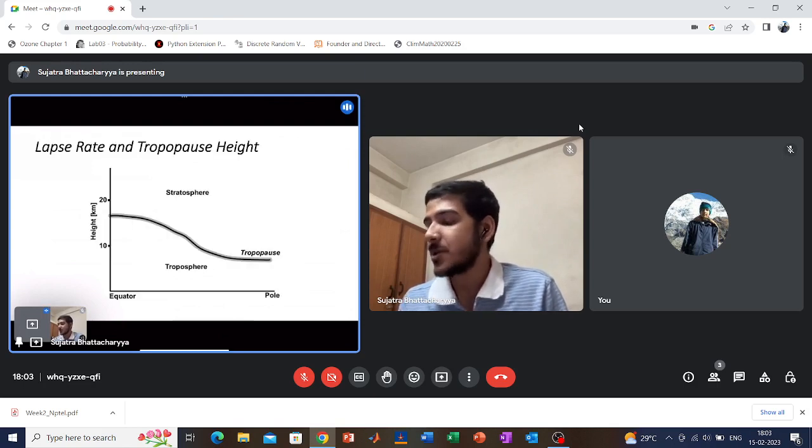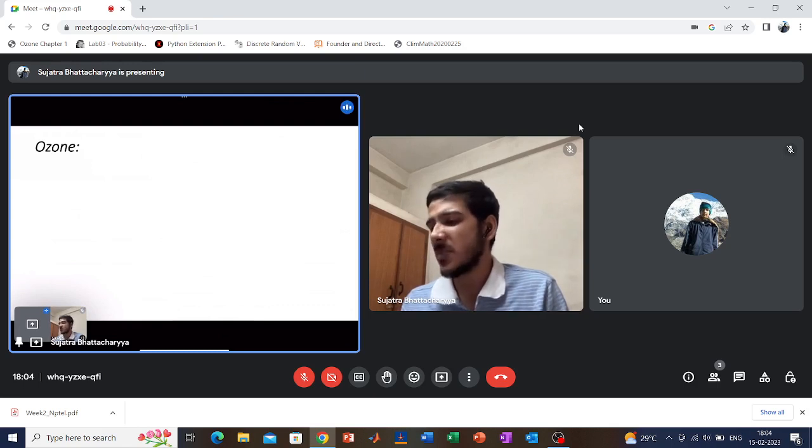Then the lapse rate and tropopause height, and why it varies from the equator to the poles. Next is ozone. I will give some insight into the ozone, although I have given certain things about it in week one.